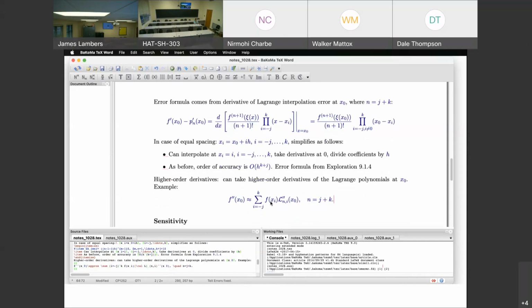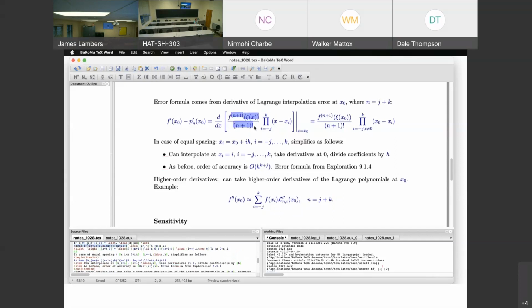So there's no difficulty in getting finite difference formulas using this approach, but it's more difficult to use this approach to get the error formula, because what happens in this case, suppose it's second derivative, for example, then you need to take the second derivative of this, and this part with the unknown point is going to appear.